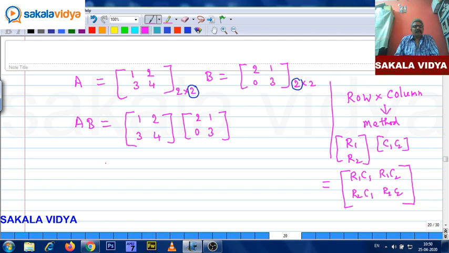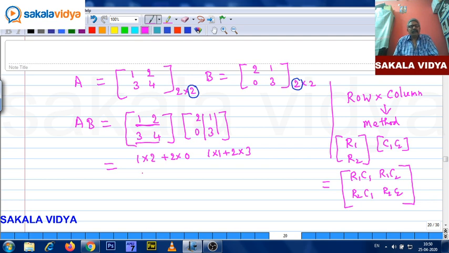So, how to apply it here? First row multiplied with first column, we get 1 into 2 plus 2 into 0. Next row 1 column 2: 1 into 1 plus 2 into 3.